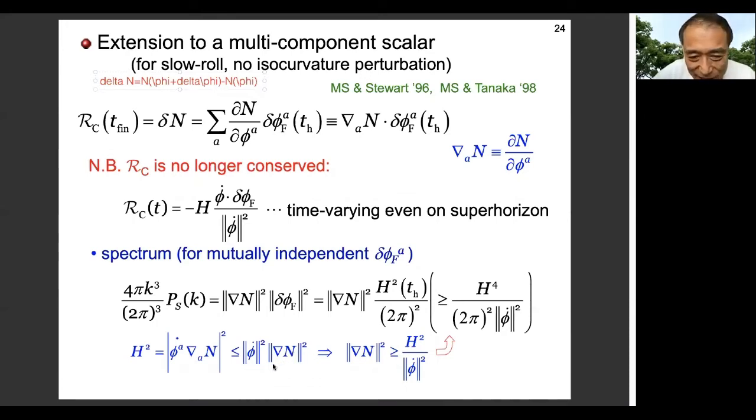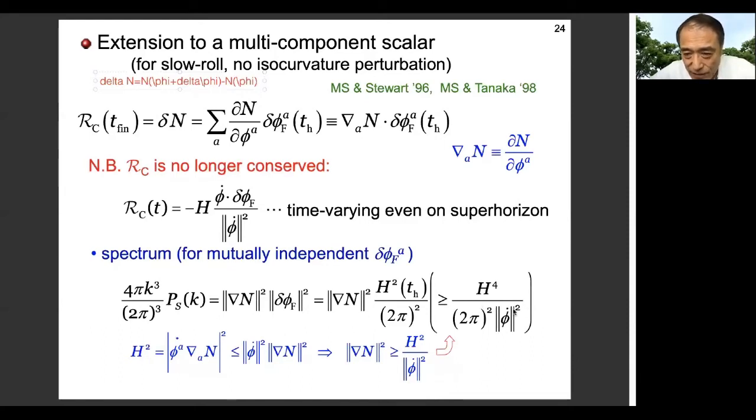Schwarz inequality, was it? Anyway, you then immediately find that dN squared will be greater than H squared divided by phi dot squared, which gives you this. So you have some lower bound, given that this assumption on the amplitude of the scalar perturbations is correct.